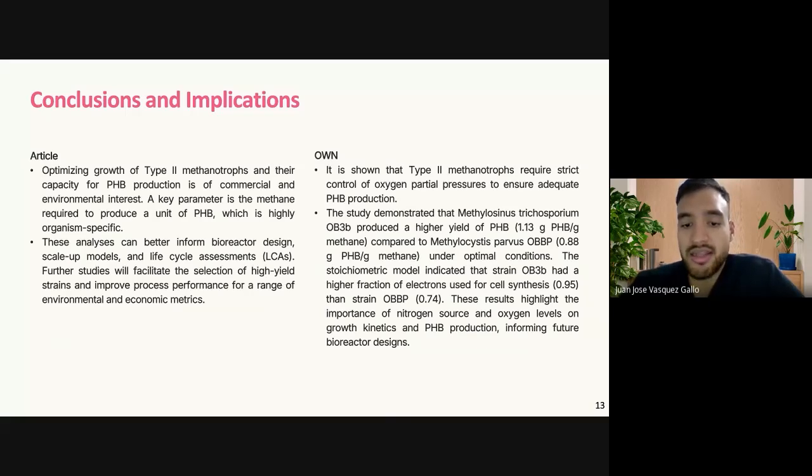In this study, modeling is used to describe how the oxygen and nitrogen source affect the stoichiometry and the kinetics of growth and PHB production in type 2 methanotrophs, of course, Methylosinus trichosporium, the OB3B, and Methylocystis parvus, the OBBP.